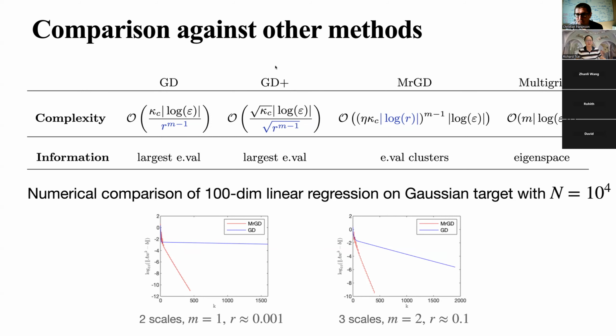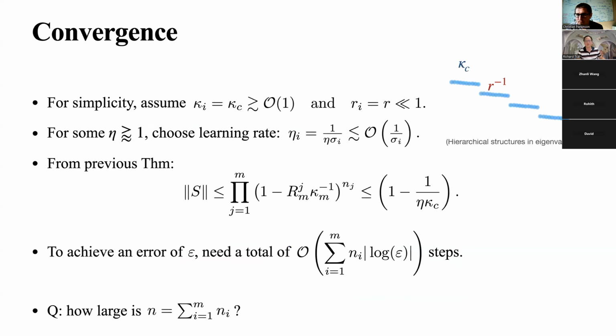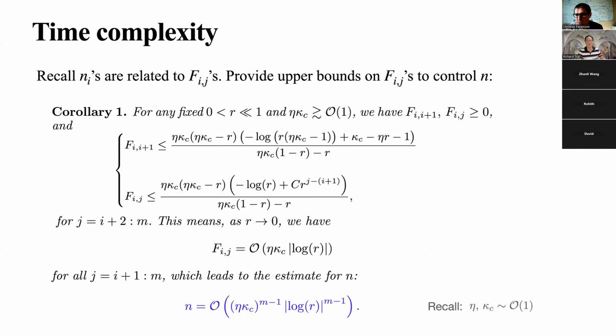GD plus refers to momentum methods, and you see that there's a square root over here. And then this is our multi-rate gradient descent, Mr. GD. Instead of 1 over R, you have log of R. Recall that R is referring to the gap here. Okay, 1 over R is the gap.